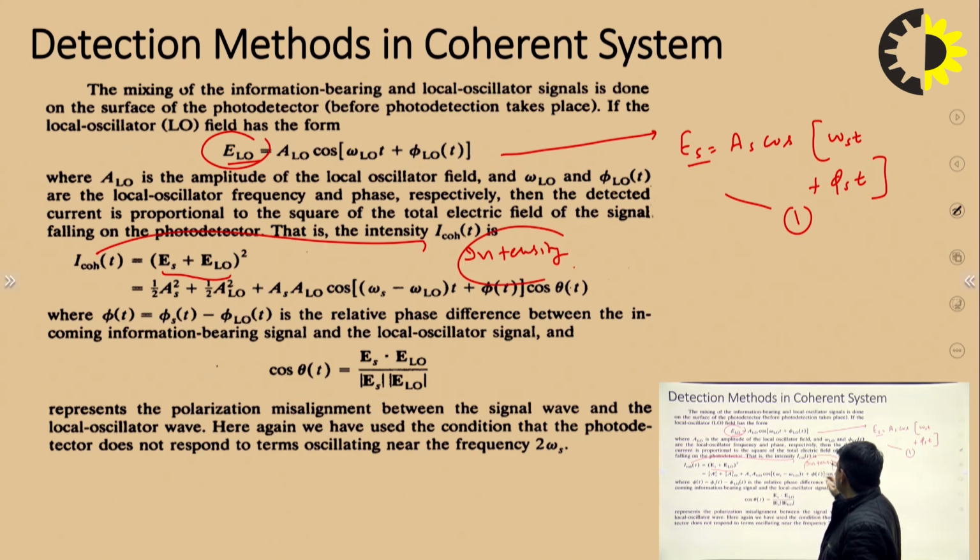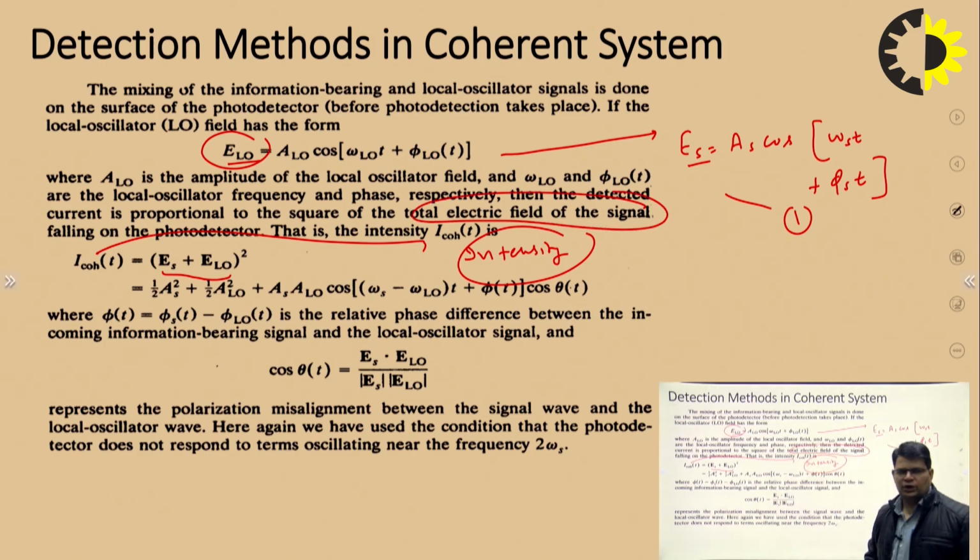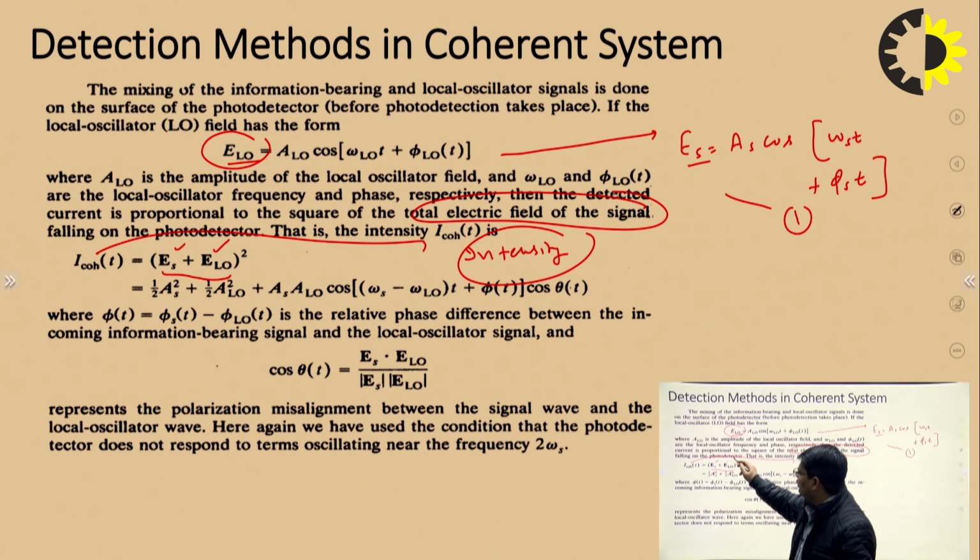The intensity is given by the square of the electric field signal, and the electric field signal is obtained by the combination or mixing of the source signal with the local oscillator signal. So the source signal plus local oscillator signal, and the square of this field gives us the intensity.